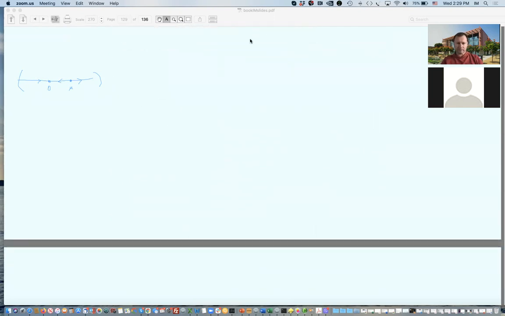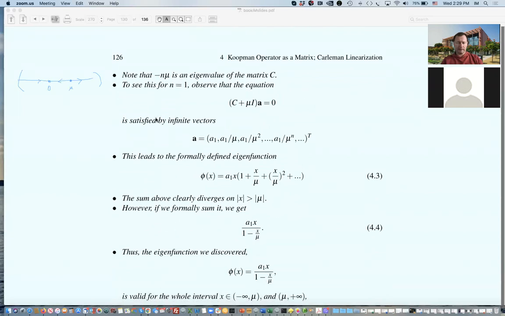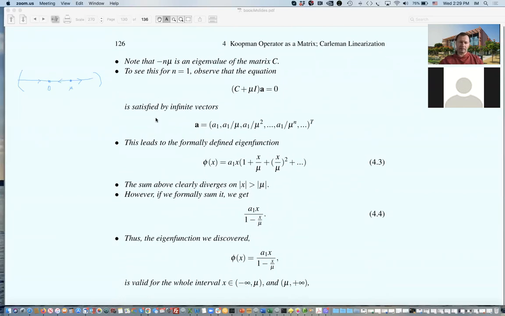Okay. So we're still working with this vector field here. And the next thing we're going to observe is that minus n mu is an eigenvalue of the matrix C. So we are in fact going to produce an eigenvector associated with that eigenvalue, and then we are going to use this to construct an eigenfunction.